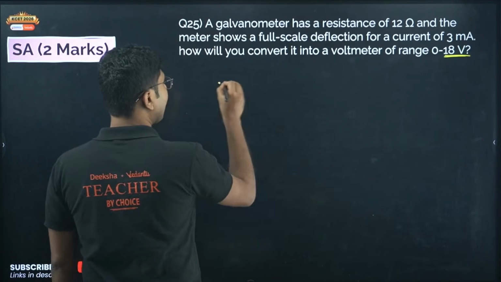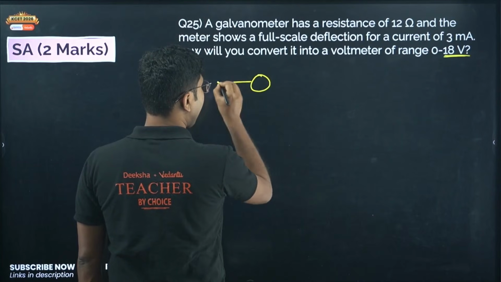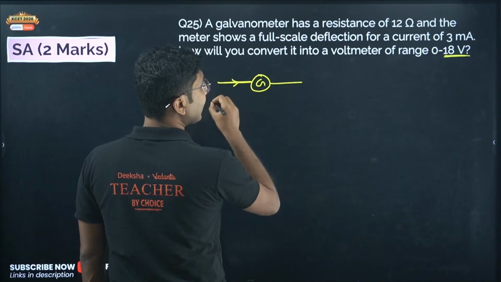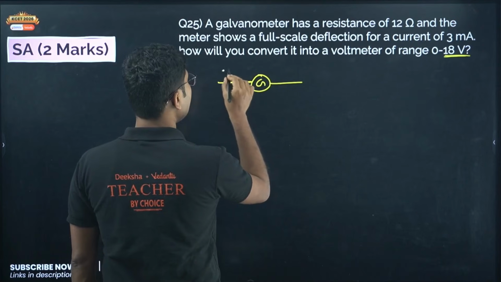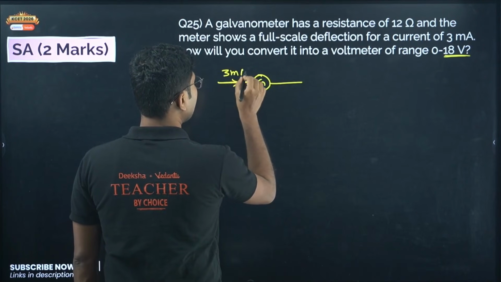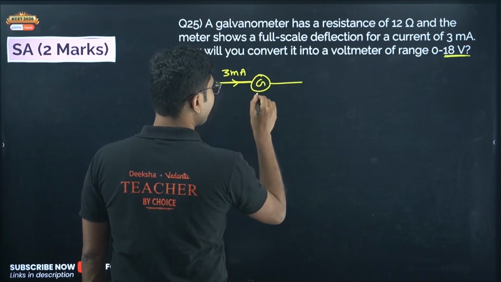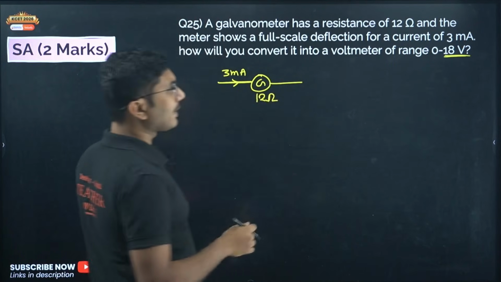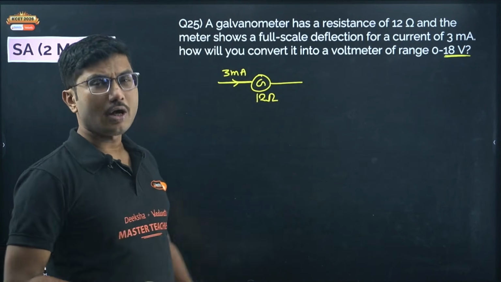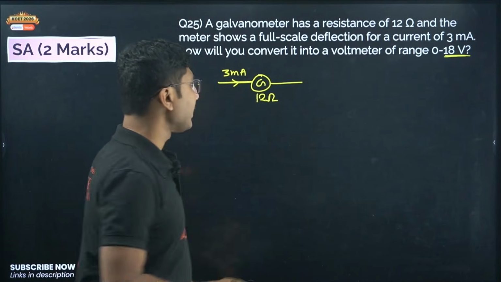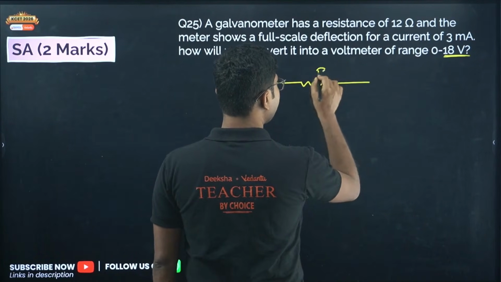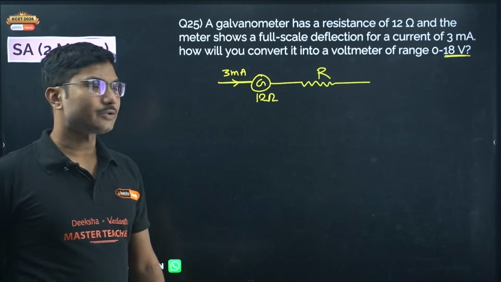So here we have a galvanometer, and the maximum current that it can withstand is 3 milliampere. The resistance of the galvanometer is 12 ohm. Now you are trying to convert it into a voltmeter. What is the basic process of converting into a voltmeter? The basic process is to add a high value resistance in series. So that's what we will do.